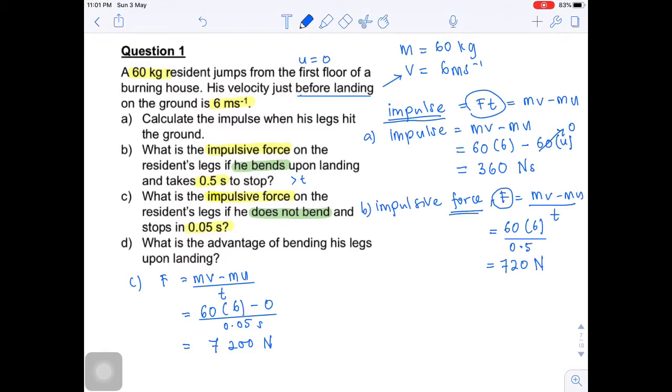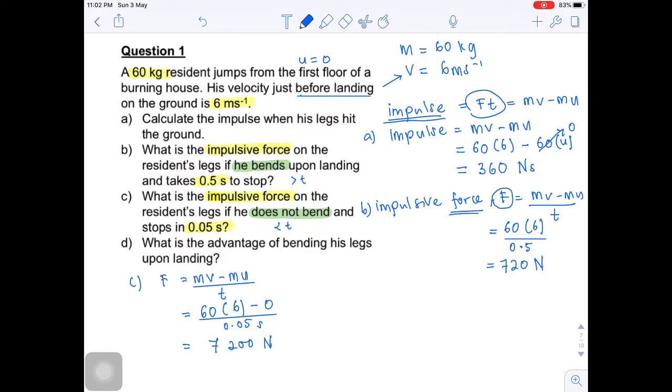And if he does not bend his legs, the time is shorter. The difference between bending the legs and not bending is time. If he bends, he takes a longer time to stop. If he does not bend, he takes a shorter time to stop.